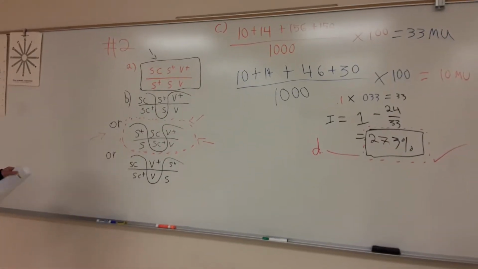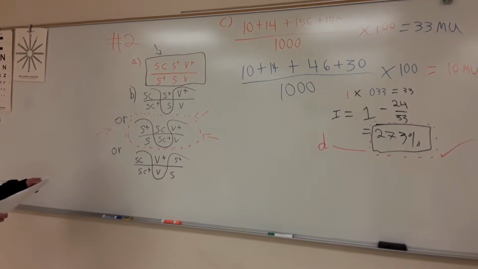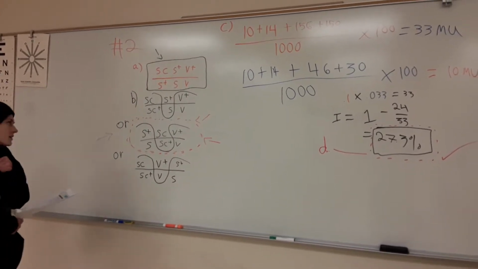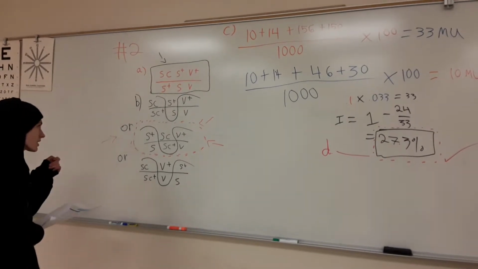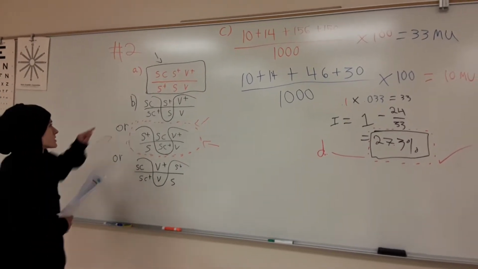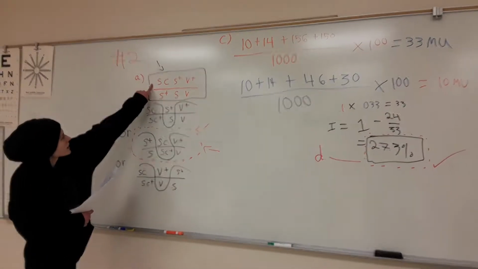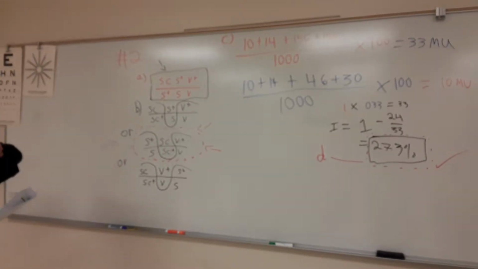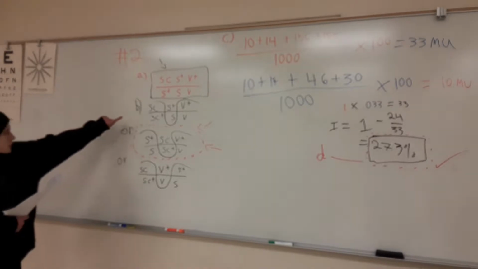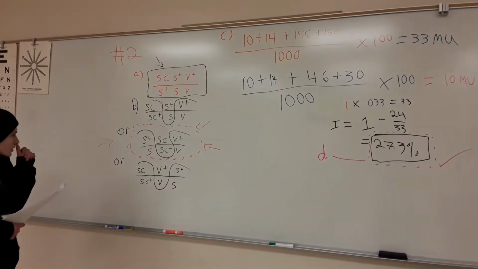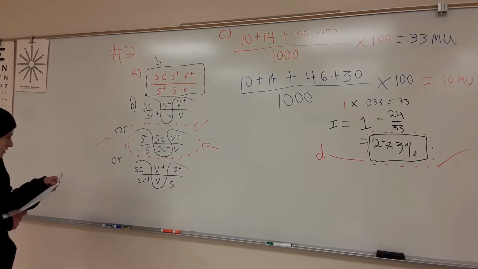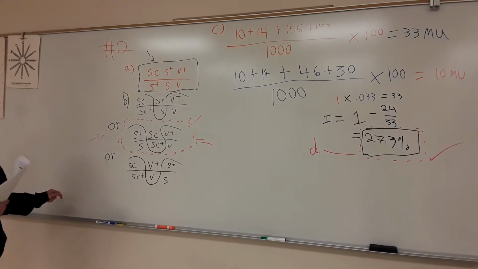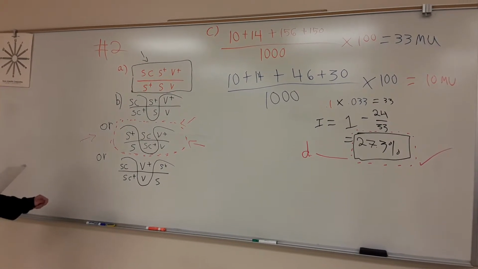For A, we're trying to find the gene arrangement for the 3 linked alleles, which is right here, and we put that up there. And then for B, we're trying to find the possible arrangements, and which ones actually work.